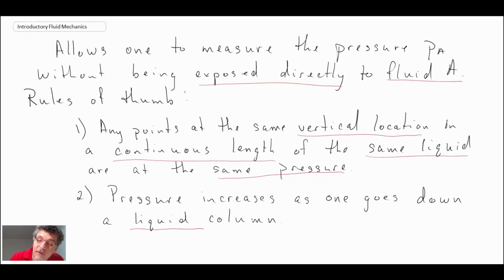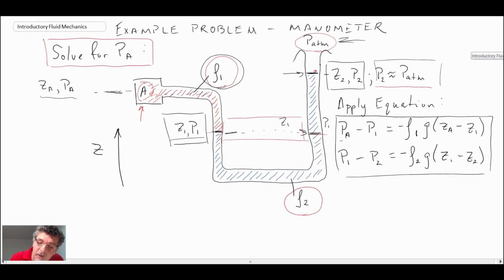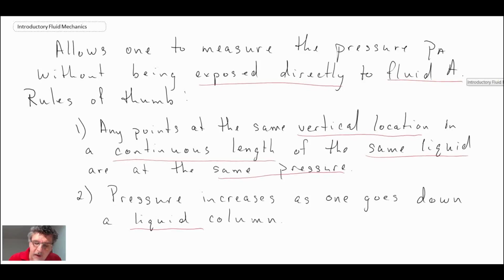So be careful with the way that you have the order. Remember, A corresponds to A there and 1 to 1. If you do that and you assign your coordinate system and are consistent with that, you should not have any problems with solving manometer problems. The other thing is that it's just natural. As you go further down the column, the pressure gets higher and higher.